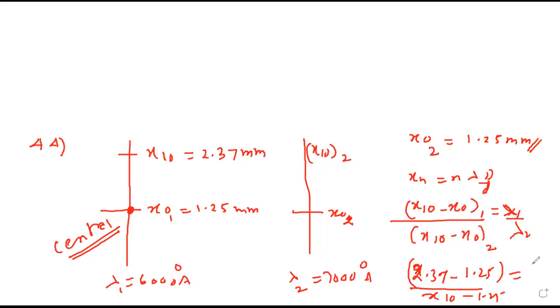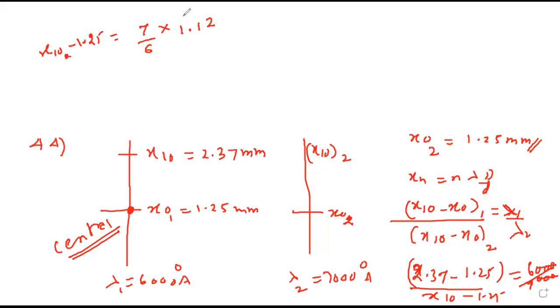Lambda 1 is 6000 and lambda 2 is 7000. So in fact 3 zeros will get cancelled. That means x10 of the second color minus 1.25 will be 7 upon 6 into the difference, 2.37 minus 1.25, which is 1.12. Let me see if it cancels.